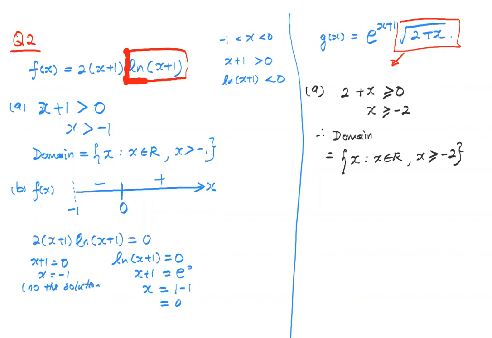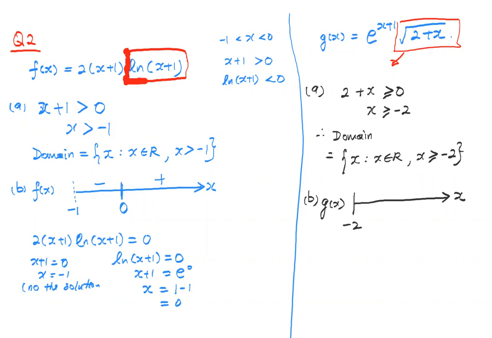So when I draw the sign diagram for this, how do I draw? I get a full line from -2 onward. Now I have to find the x-intercept.